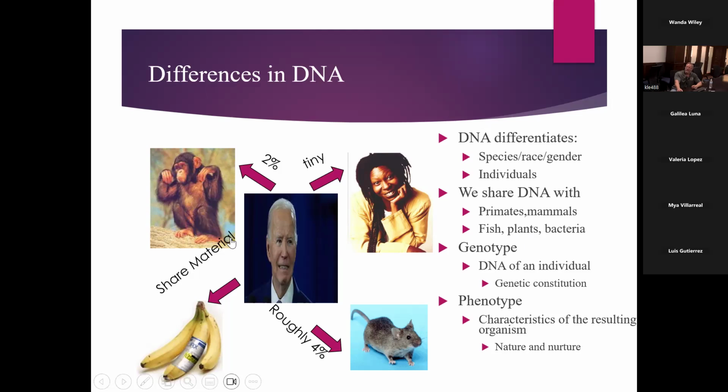infected monkey meat. But because there's such a small difference in the genetic material, it's large in the sense that if you look at this and say, well, there's only 4% difference between Joe Biden and this mouse, you might argue that the mouse is probably beating Joe Biden here, but you say, well, 4% difference, shouldn't the mouse look more like a human being?